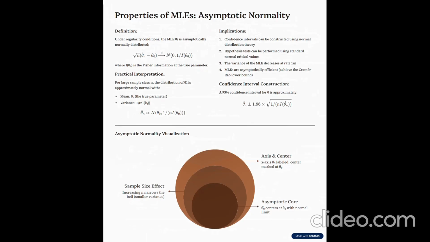This predictable shape allows us to perform hypothesis tests and calculate confidence intervals with precision. Essentially, as we gather more data, our estimates become not only more accurate but also more stable, providing a reliable mathematical foundation for making predictions and inferences.